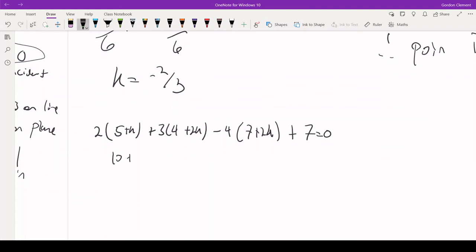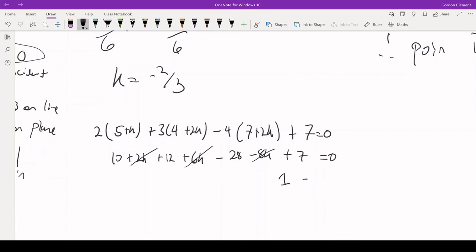And you're going to get 10 plus 2k plus 12 plus 6k minus 28 minus 8k plus 7 equals 0. And you're going to see that the k's disappear. So you get 2 plus 6 is 8, minus 8 is 0. So you get no k, and you get 29 minus 28 again.